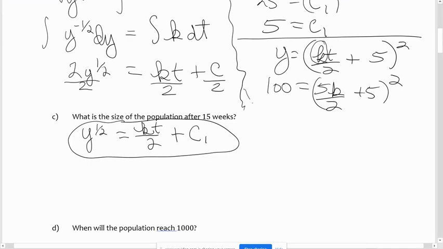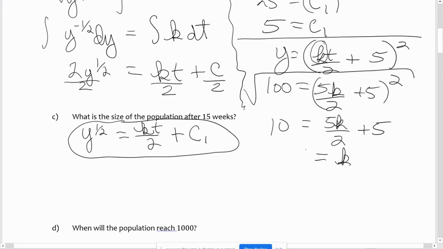I'm going to take the square root of everything here. So that'll give me 10 is equal to 5k over 2 plus 5. All right. So do some algebra here, and k should come out to be 2.